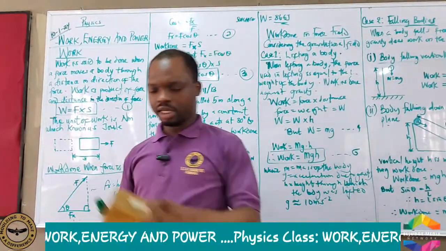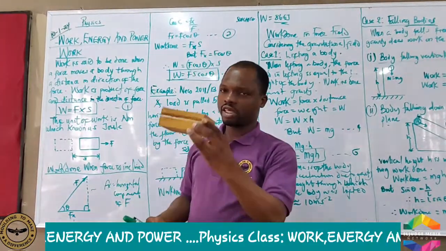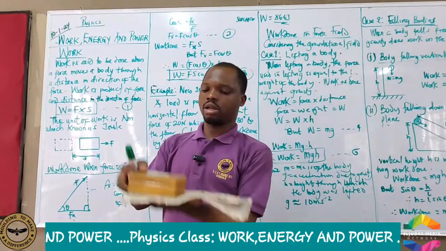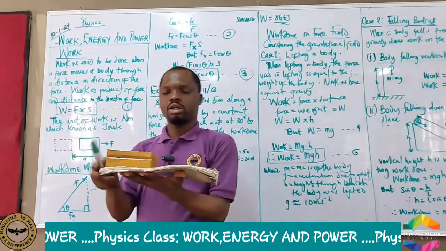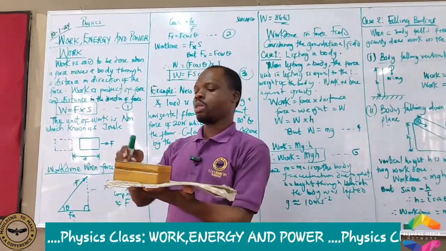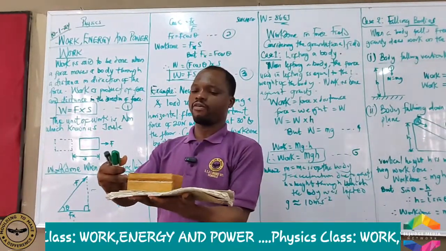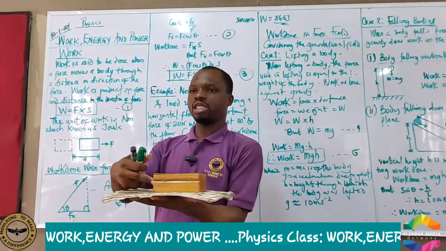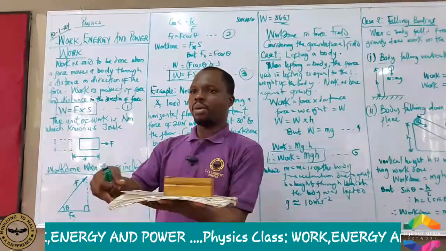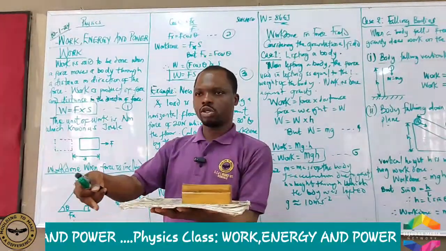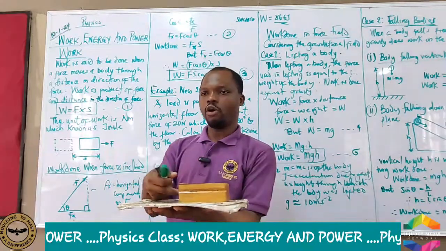Let's look at this object. If this object was formerly on a horizontal level, here before, and I apply a force F, this object moves from this particular point to this other point in the direction of the force.